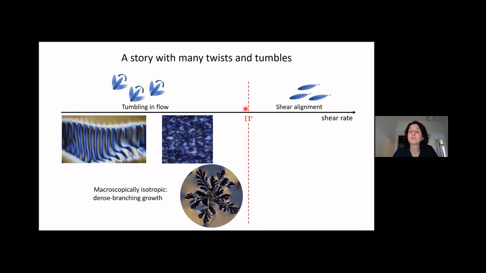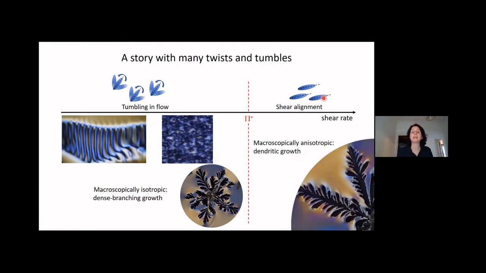Only above a critical value, where the viscous forces become dominant over the elastic forces, the liquid crystal eventually shear aligns. This then leads to a macroscopically anisotropic material, as evidenced by the emergence of dendritic growth in the viscous-fingering instability. Thank you so much for your attention, and I'd be very happy to take your questions.